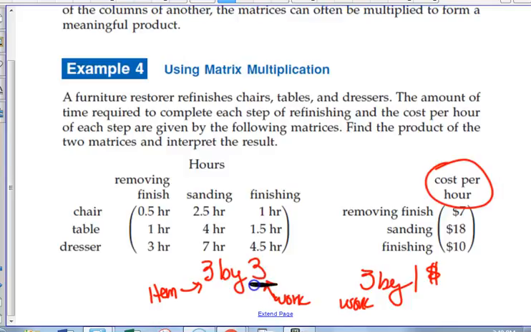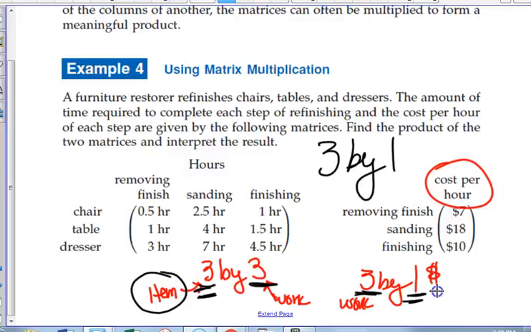Yes, because this 3 is equivalent to this 3, right? What size will the answer be? 3 by 1. That resulting 3 by 1 will be item by cost. This will be the item by the cost.